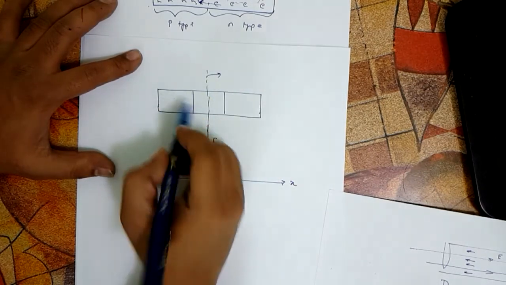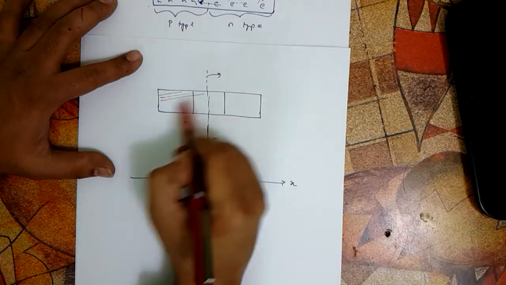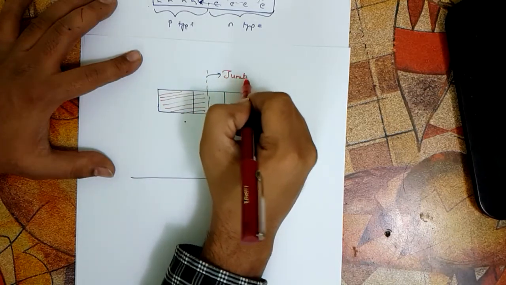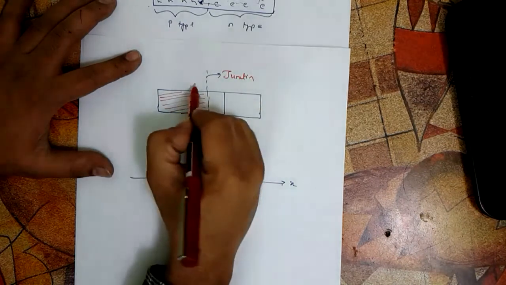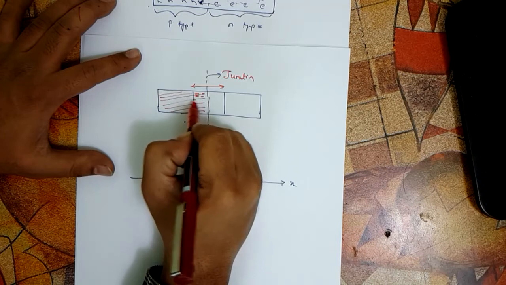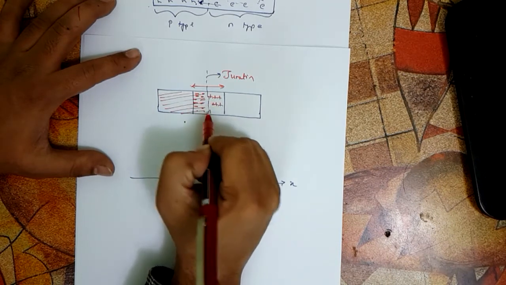This is the P type here. Let me just draw the P type. This is all P type. This is the junction boundary, and the remaining, which is not shaded, is the N type. And this is the depletion region, and there are lots of negative charges here on the P side, and there are all the positive charges on the N side.